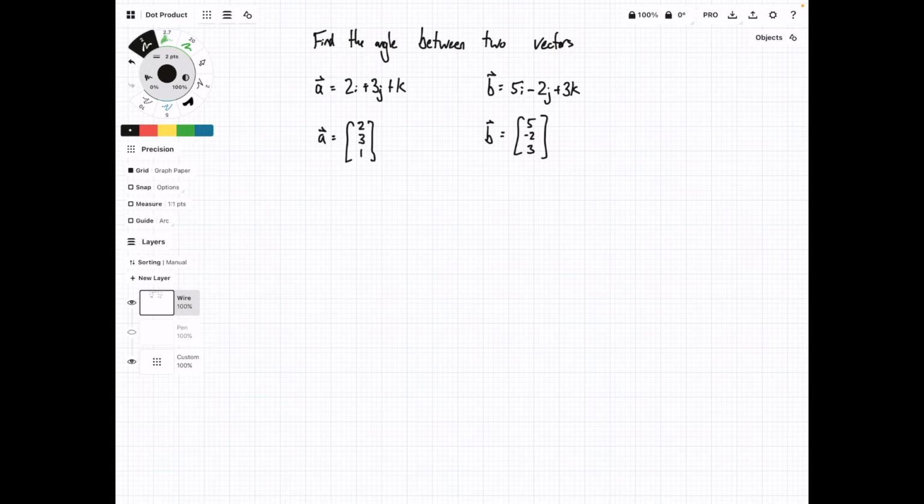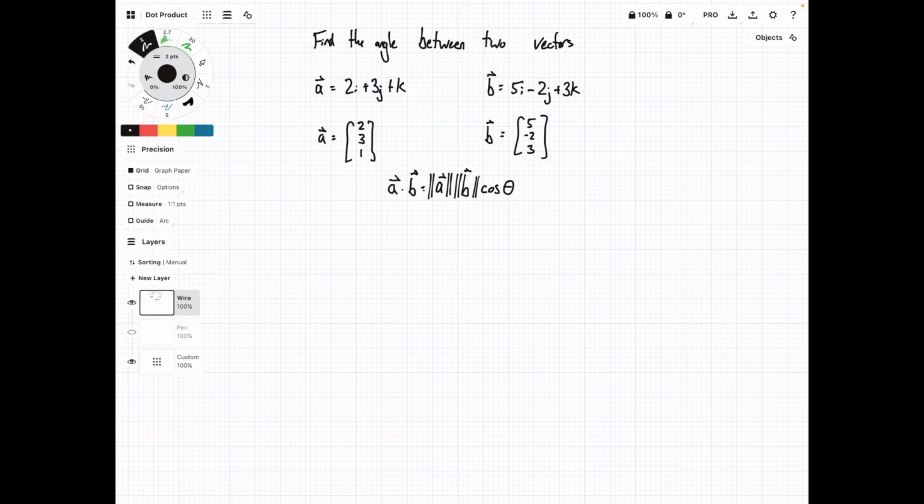Okay, so now that we have these written in a way that looks a little bit easier to use, we can write out our formula. We want to find the angle, so we need the geometric definition of the dot product, which is going to be the magnitude of A times the magnitude of B times the cosine of theta.